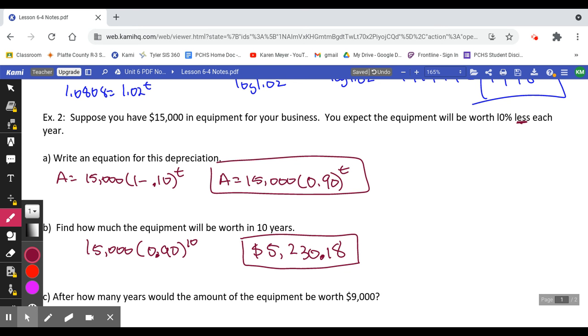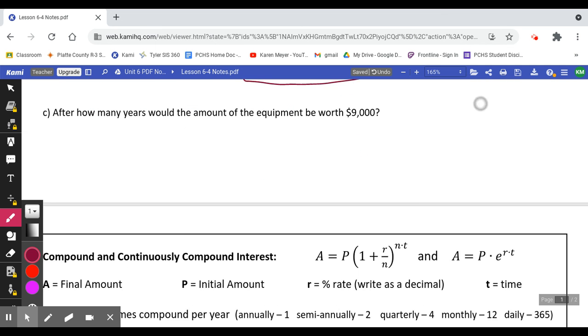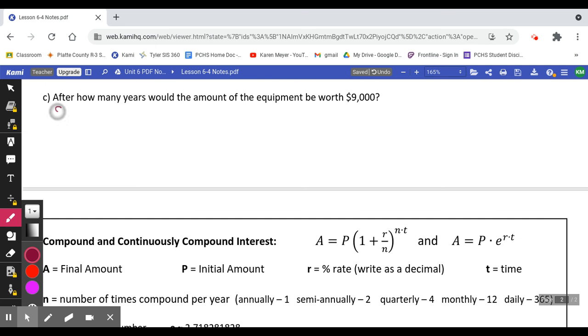How many years will it take for it to be worth 9,000? So 9,000 is our final. That goes in for A in A equals 15,000, parentheses 0.9 raised to the t. So we're going to divide by 15,000. Then we get 3/5 equals 0.9 raised to t.